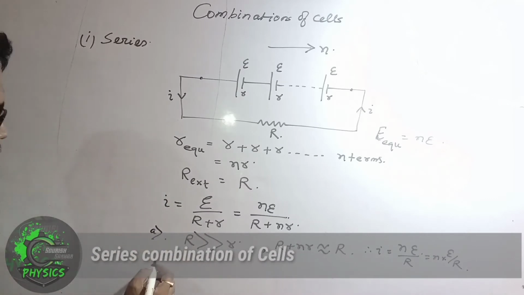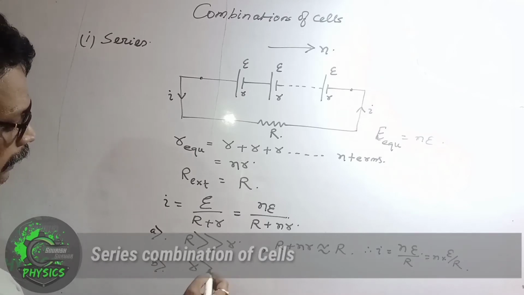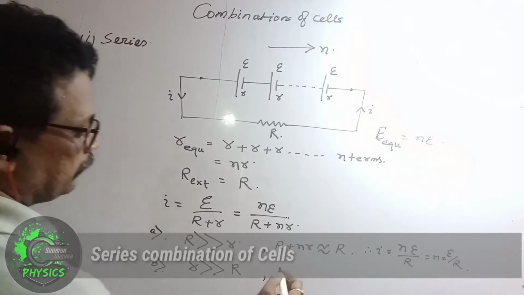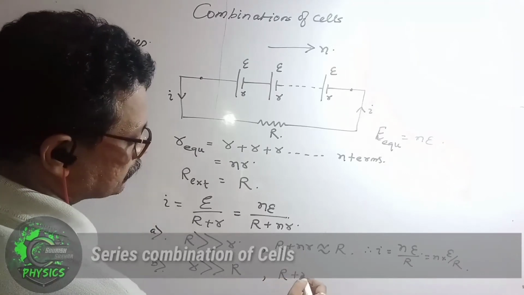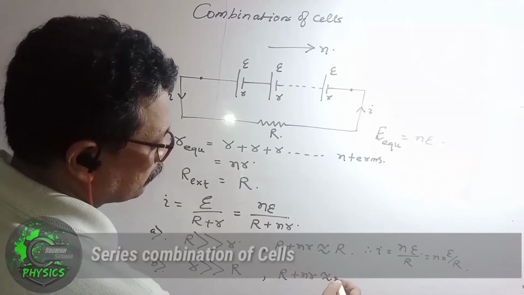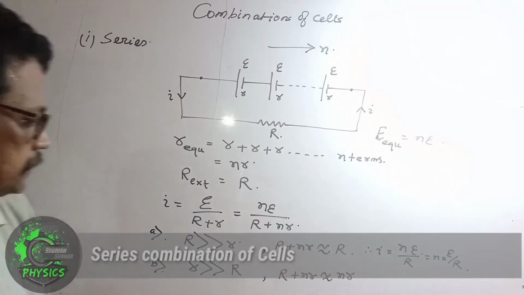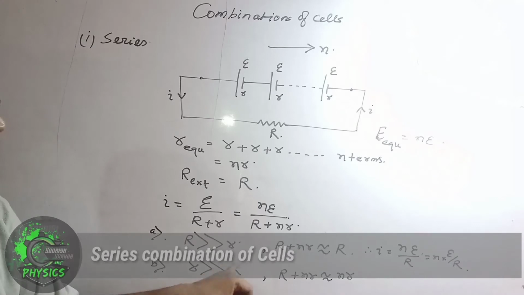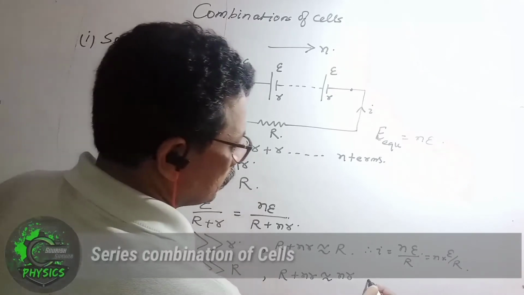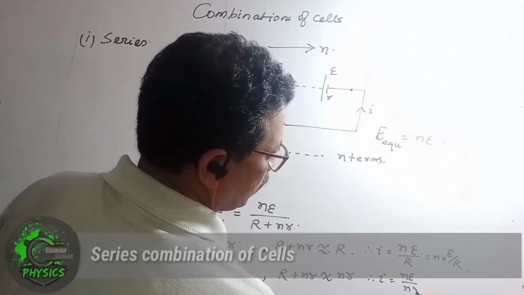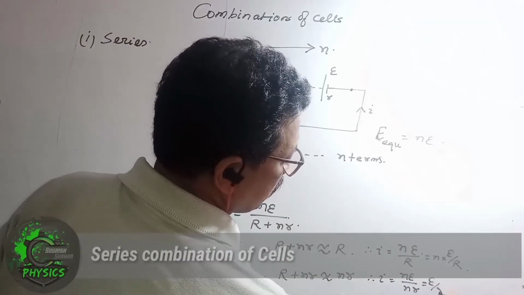Second case, if small r is very much larger than capital R, in that case R plus nr is nearly equal to nr, because in this case capital R is very much smaller, so we are going to neglect it. So what is I? It is nE divided by nr, which is E by r.